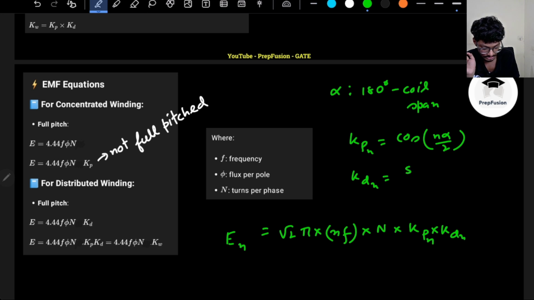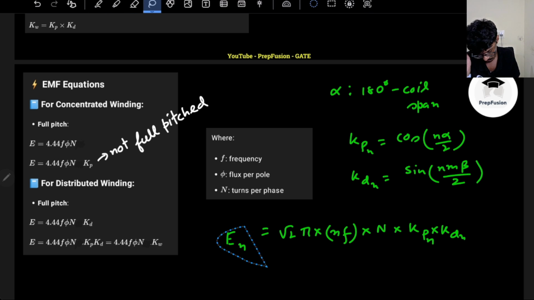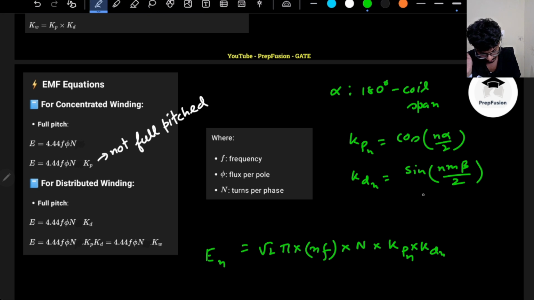Kdn is sine of n m beta by 2 divided by m sine n beta by 2.